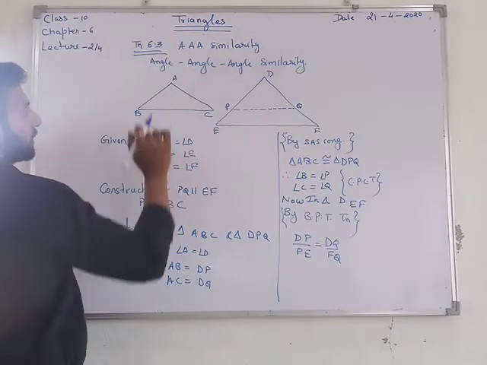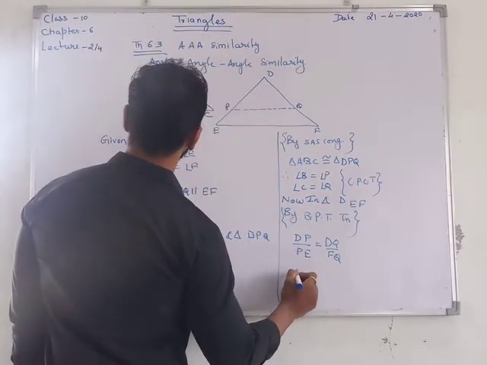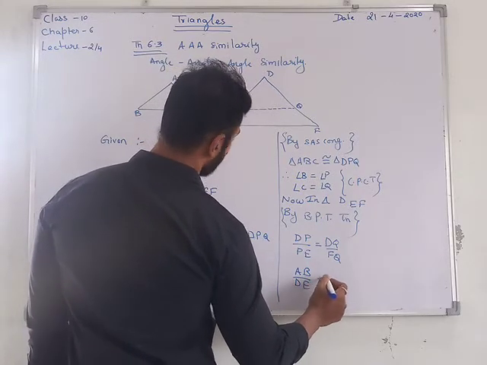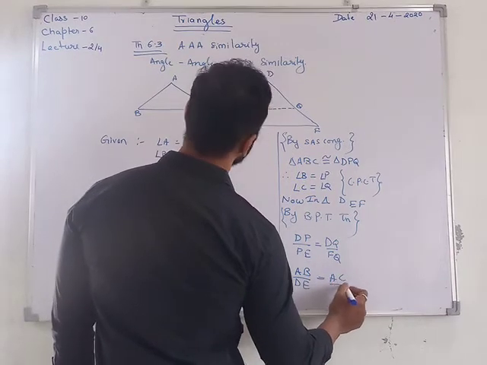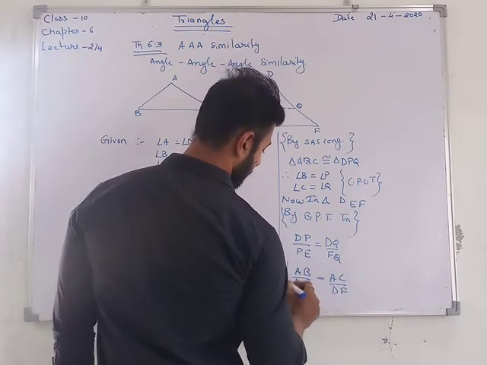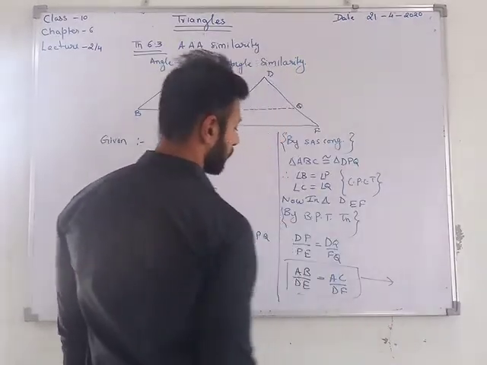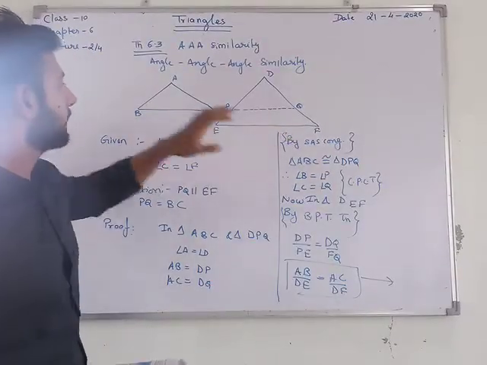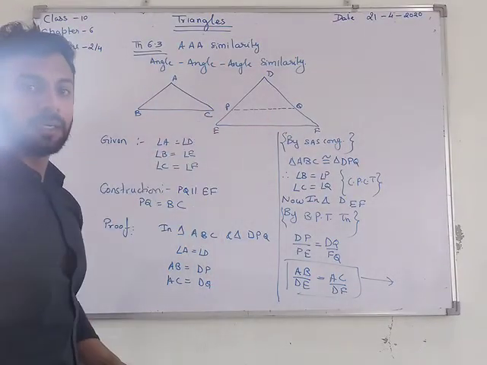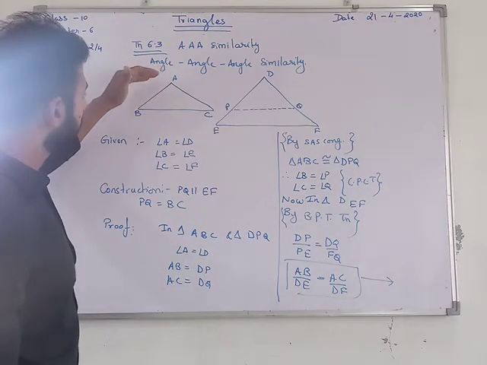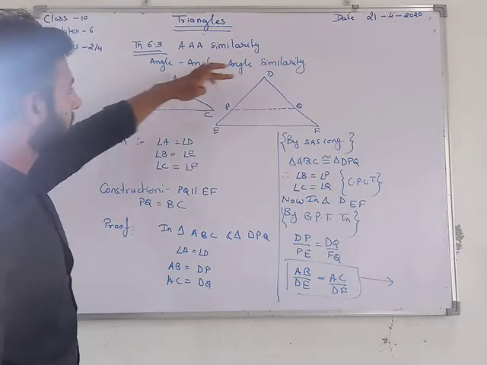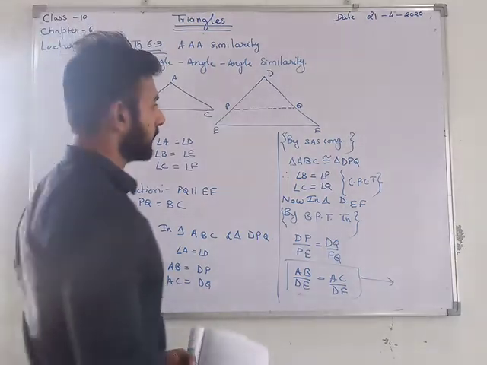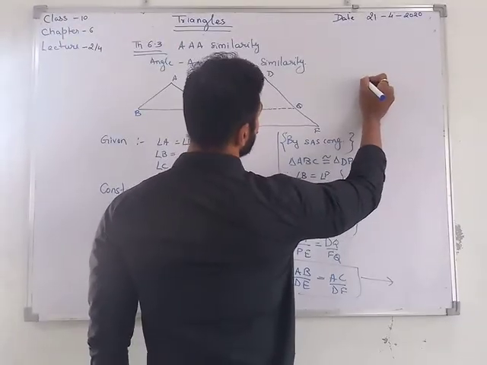Similarly, we can replace this by AB upon DE is equal to AC upon DF. So for the two triangles, triangle ABC and triangle DEF, the ratios of the sides are equal. We have proved that the ratio AB by DE is equal to AC by DF. So by this we can say that the two triangles are similar.